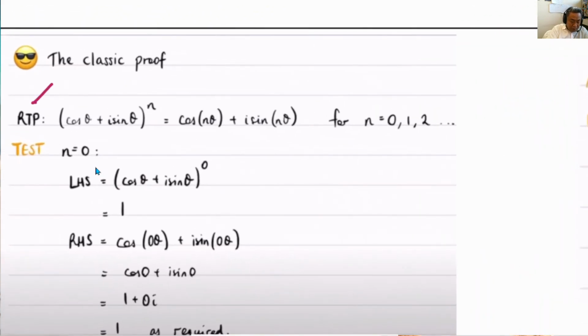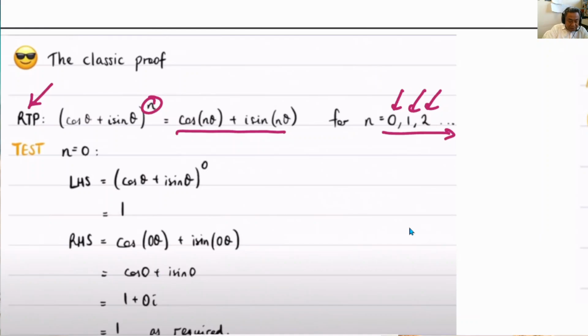RTP, required to prove, that (cosine theta plus i sine theta) to the power n is equal to this form. And the proof begins with only the whole numbers, starting from 0 and the positive integers 1 to infinity.